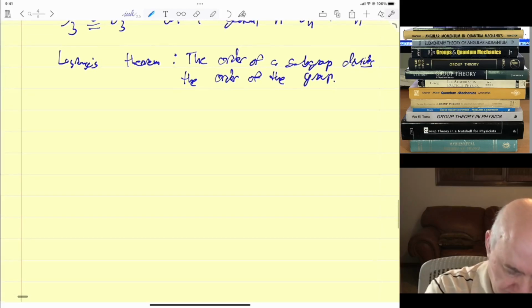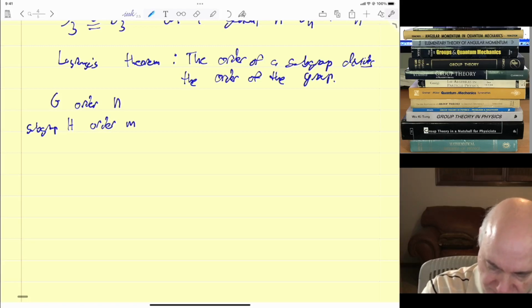So let's say we have a group G with n elements. We have a subgroup H with m elements.